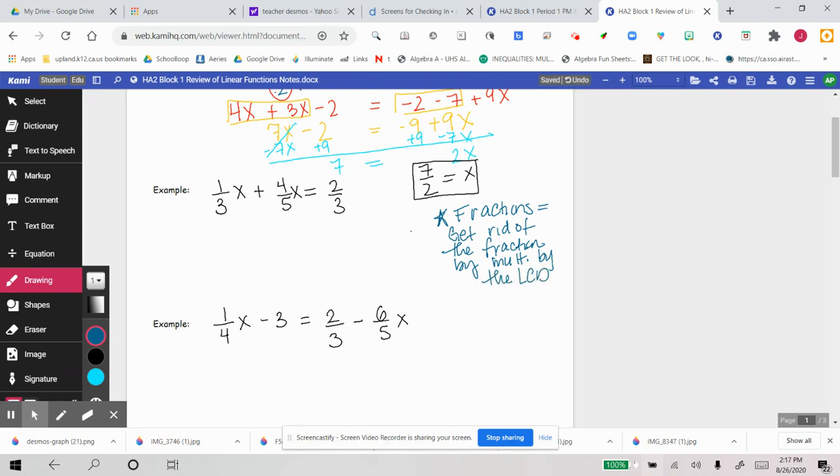The least common denominator between 3 and 5 is 15, because if you count by 3, 3, 6, 9, 12, 15, and you count by 5, 5, 10, 15, they both reach 15. So our goal is to multiply each one of these terms by 15, not just each fraction, each term.